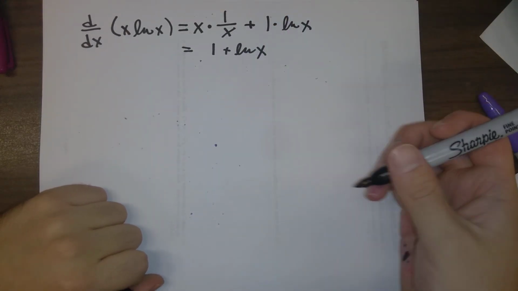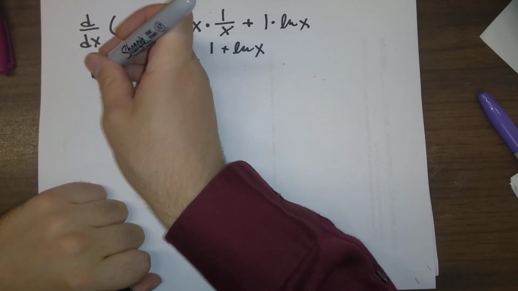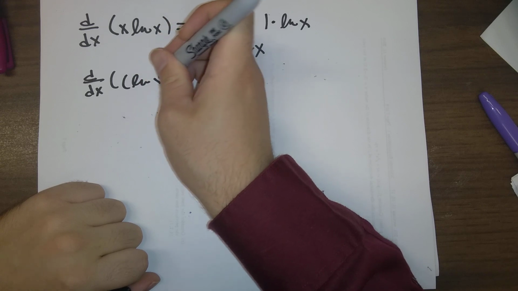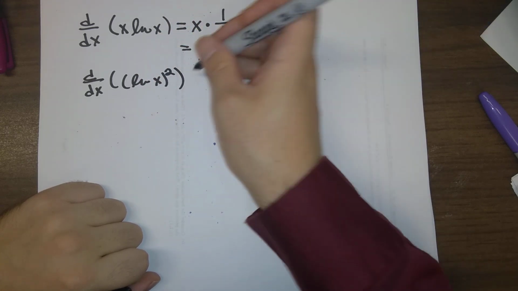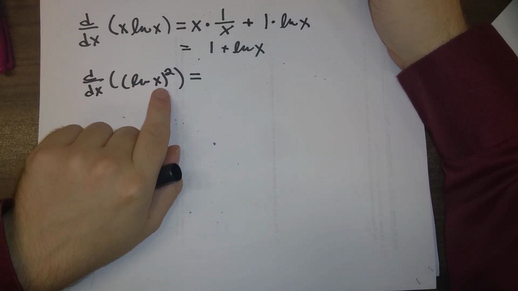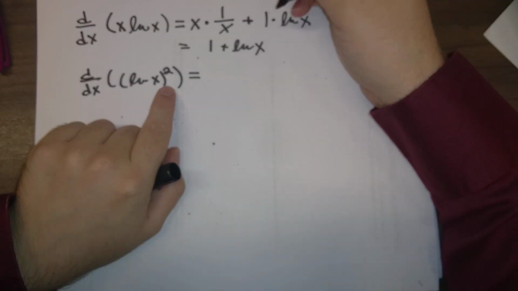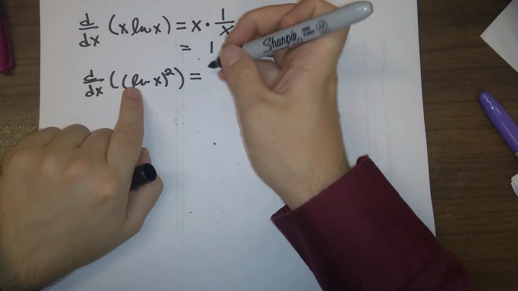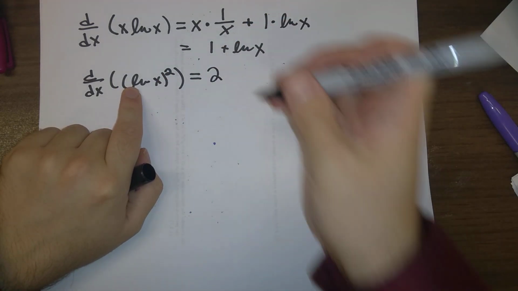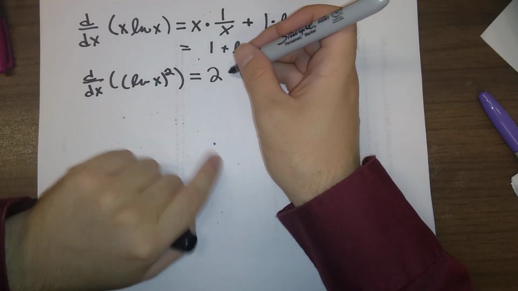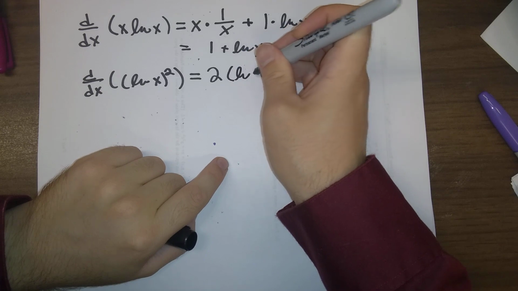Another example would be the derivative with respect to x of natural log of x, squared. It looks like we are using the power rule and the chain rule here. Our outside function is squaring, so the derivative of something squared is 2 times that something.